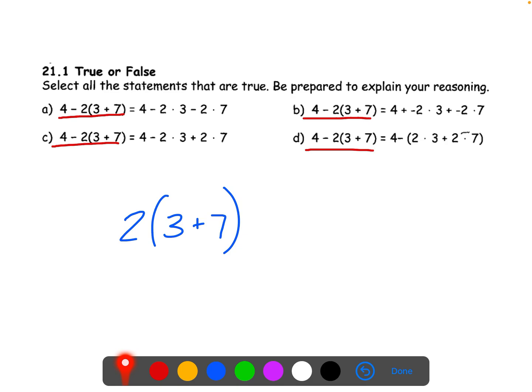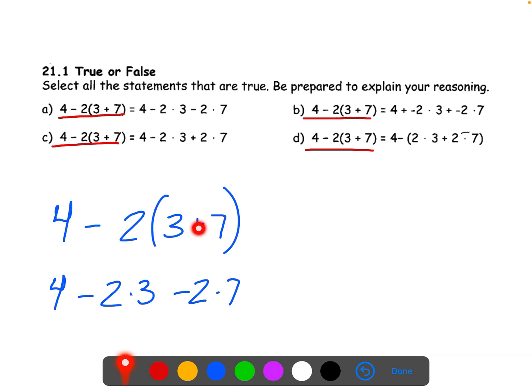This is a little bit different though because in front of it, we've got subtraction, which means everything here is being subtracted from 4. We're going to subtract two groups of 3 and we're going to subtract two groups of 7. So let's rewrite that real quick. So 4 is subtracting two groups of 3, 2 times 3, and we're subtracting two groups of 7.